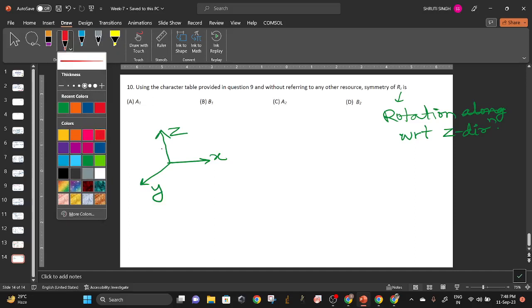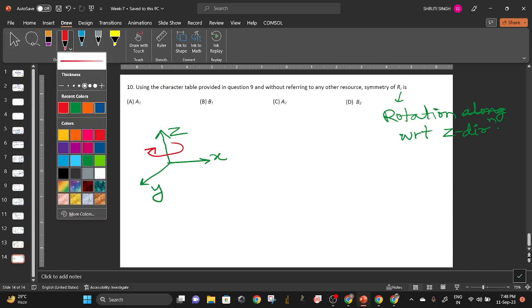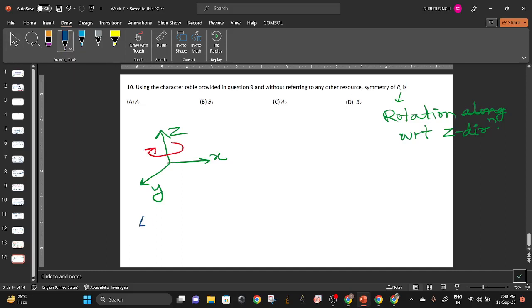Suppose I denote this clockwise rotation by Rz. Now if we apply I, what will happen? No change. Under the identity operation E there will be no change, so obviously the character is 1. Under E, always the character will be 1.